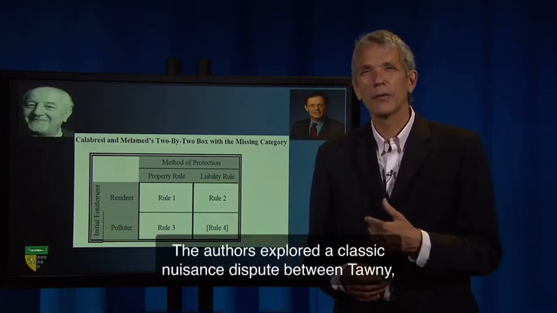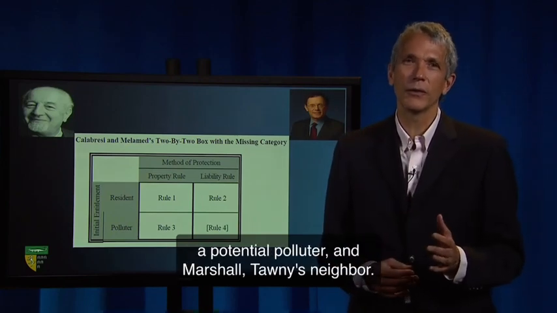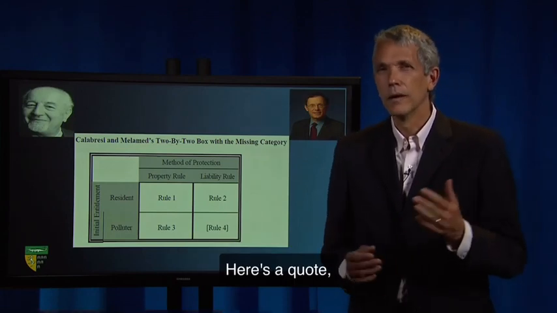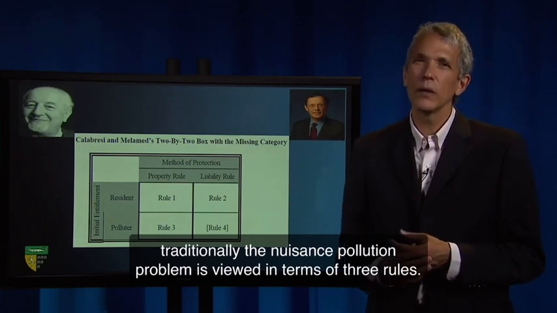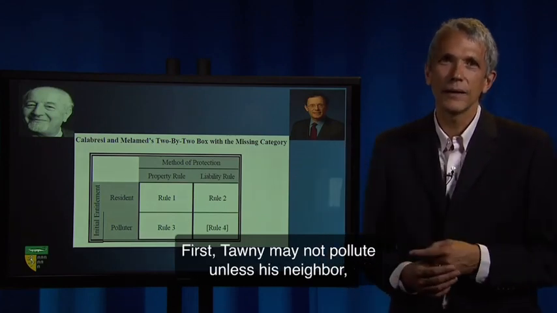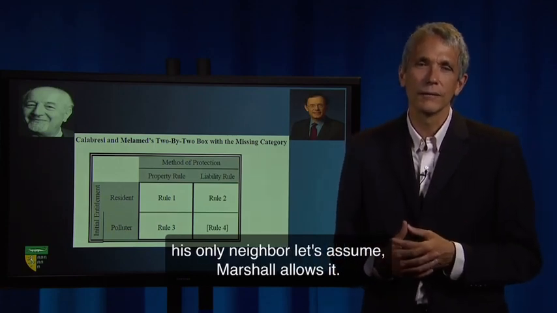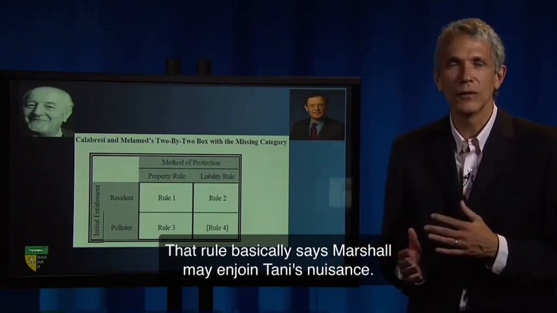The authors explored a classic nuisance dispute between Tawny, a potential polluter, and Marshall, Tawny's neighbor. And here's a quote. Traditionally, the nuisance pollution problem is viewed in terms of 3 rules. First, Tawny may not pollute unless his neighbor, his only neighbor, let's assume, Marshall, allows it. That rule basically says Marshall may enjoin Tawny's nuisance.